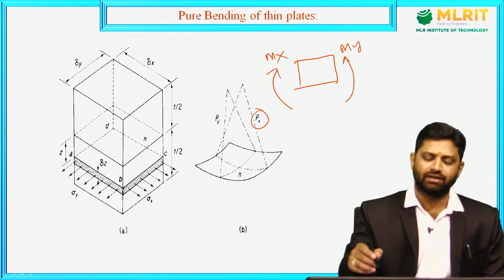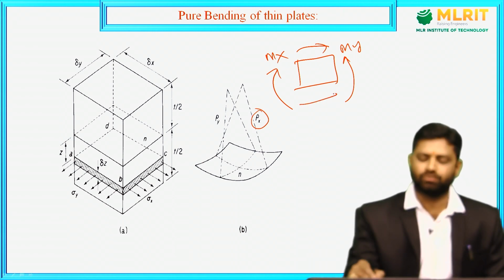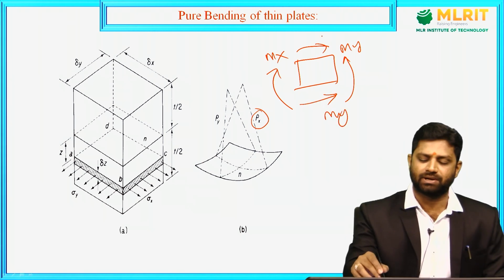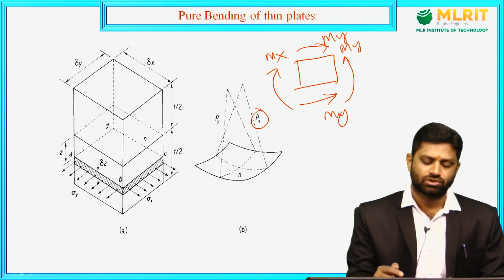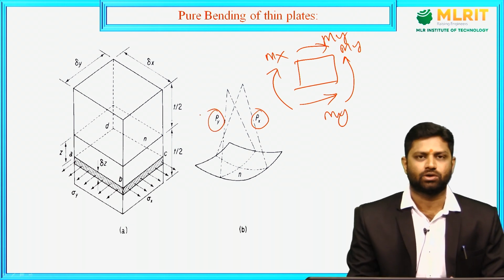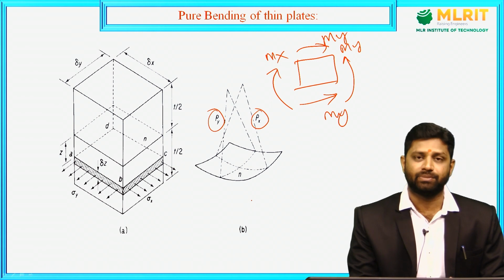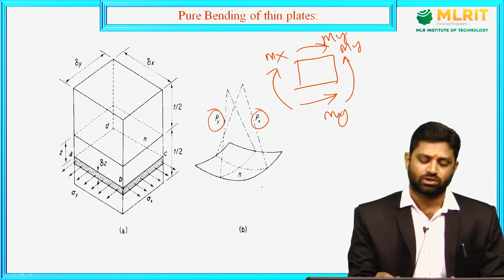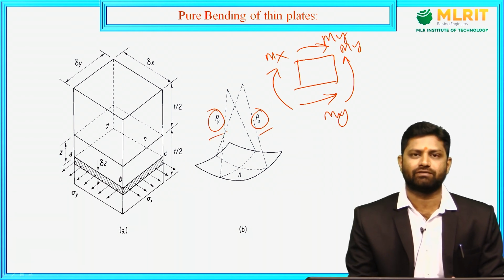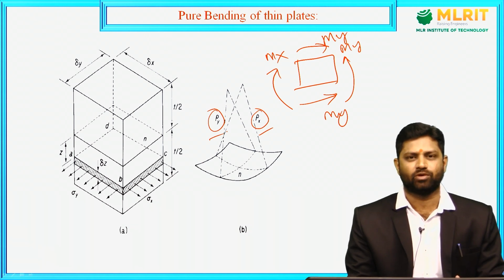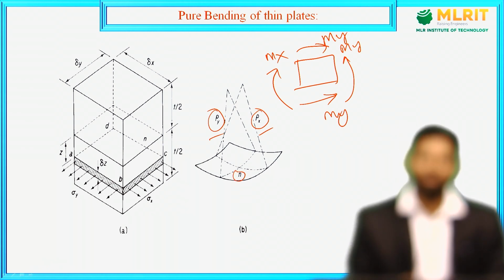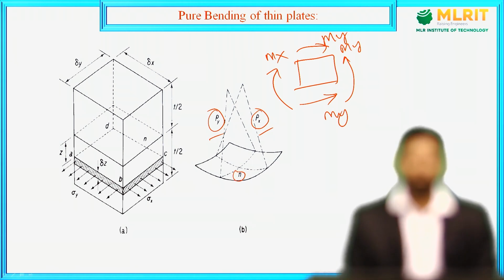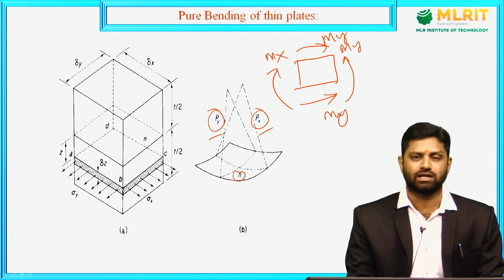Similarly, when the other bending moment, my, is applied on the other two edges, it again takes a curvature, represented by rho y. This diagram B indicates that rho x and rho y are the two curvatures we get when we apply bending moments mx and my on the thin plate. You can see another one, n, which is the neutral axis.